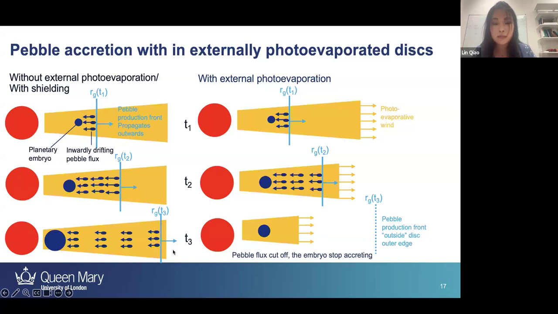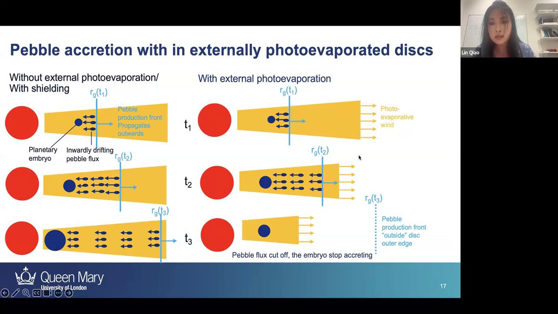Therefore, the pebble flux gets cut off because all the dust in the disk has finished converting to pebbles. Now the right-hand side figure is a qualitative description of the mechanism of how external photoevaporation can affect an embryonic core growing in the inner disk region.